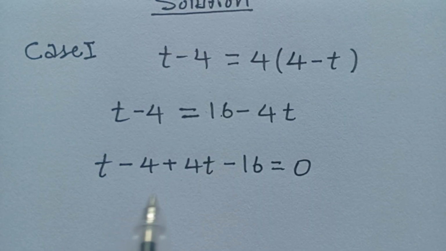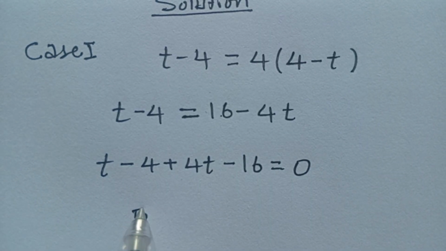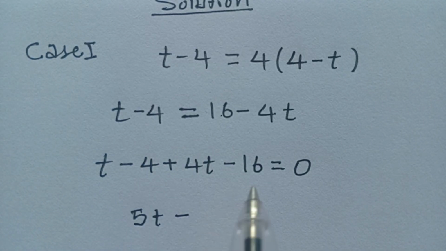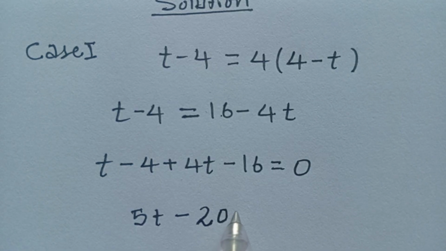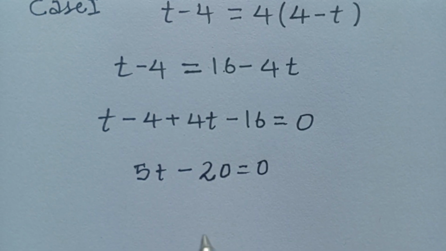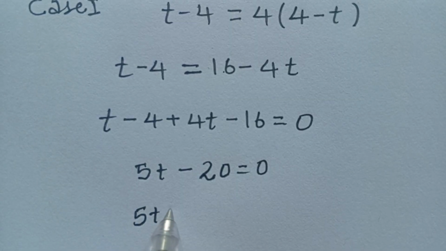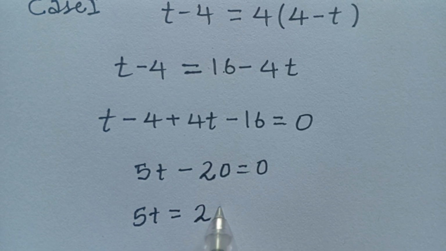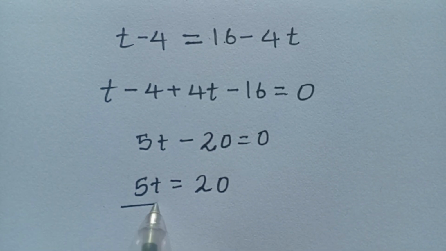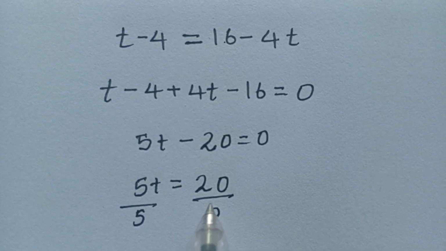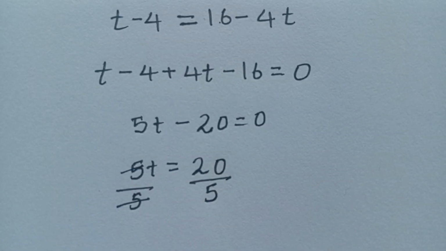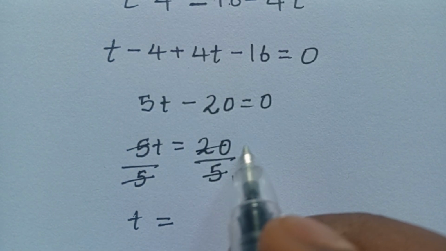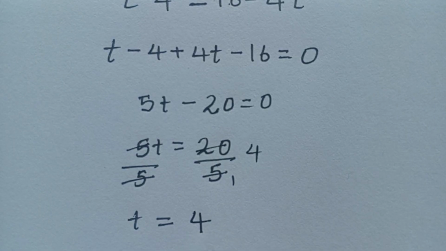Therefore, t plus 4t equals 5t, minus 4 minus 16, minus 20 equals 0. 5t equals 20, shifting to the right side, positive 20. Over 5, over 5, 5 cancels 5. t equals 4.